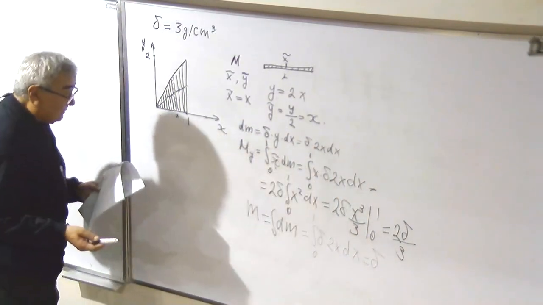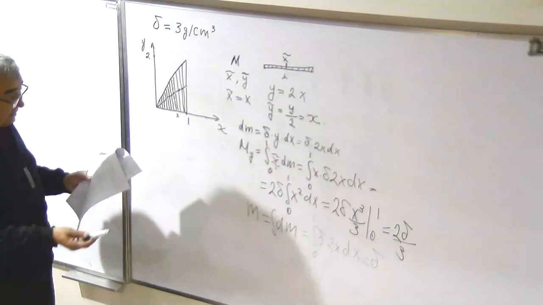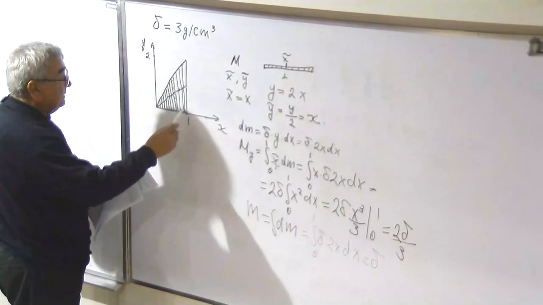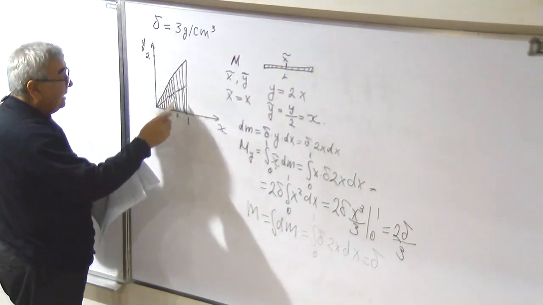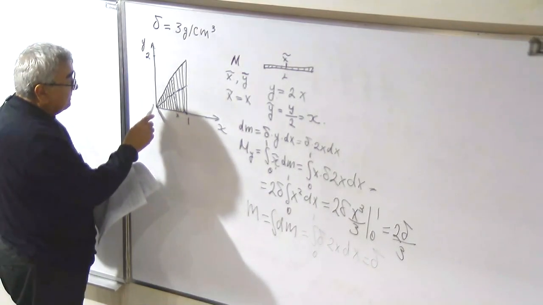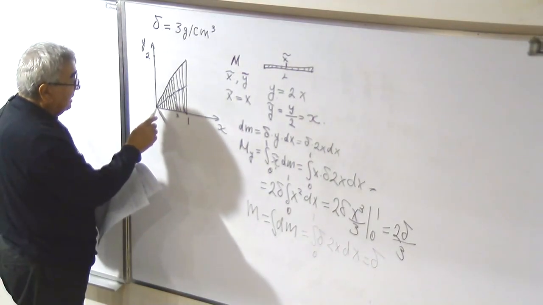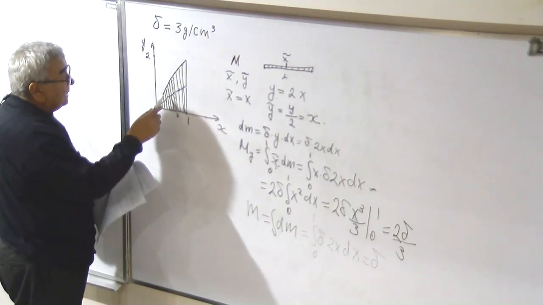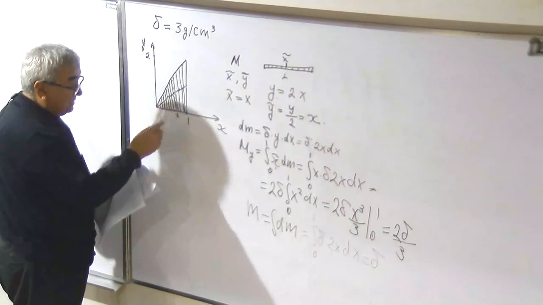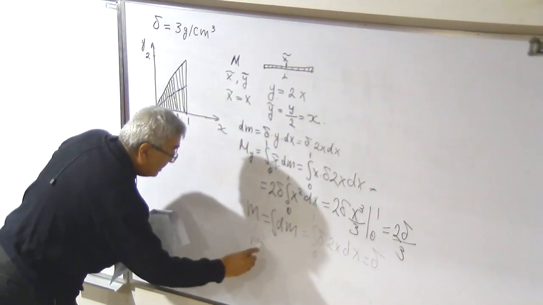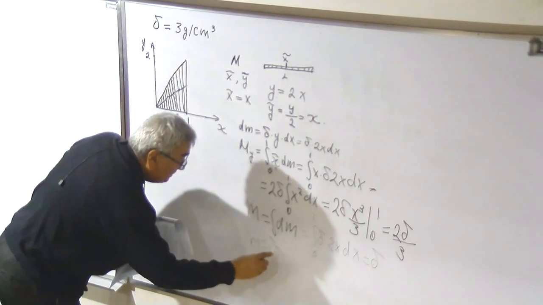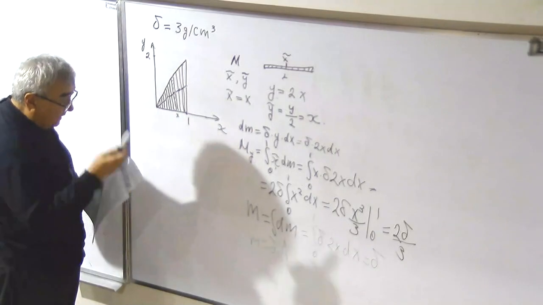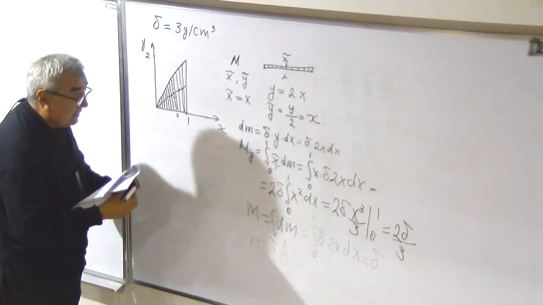Okay, but it is possible much more easily to calculate the mass, not necessary to use this integration. Because this is a plate, a right angle triangle, the mass of this should be equal to what? Area of this triangle multiplied by density. That means the mass is equal to delta multiplied by area. What should be the area of this one?